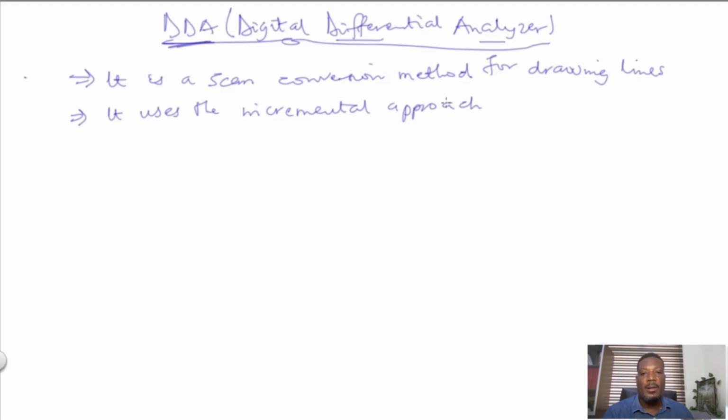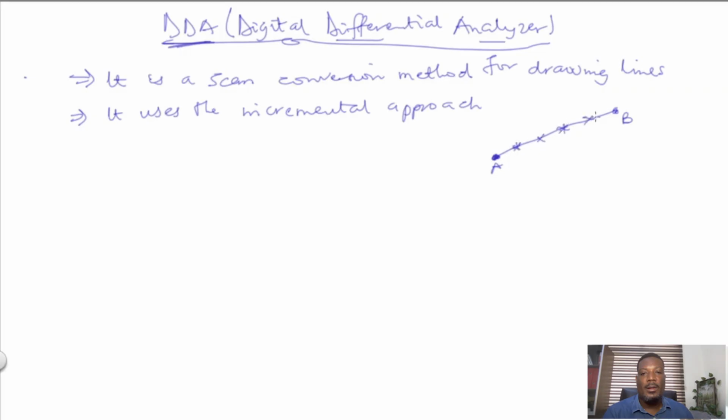So what do I mean by it's using an incremental approach? Let's take a line segment where we have the starting point of the line, maybe A, and the ending point somewhere here. By saying that it uses the incremental approach, what we mean is that by taking the previous point, the new point is drawn. From here, this is the beginning point. By taking this previous point, the new pixel is drawn.